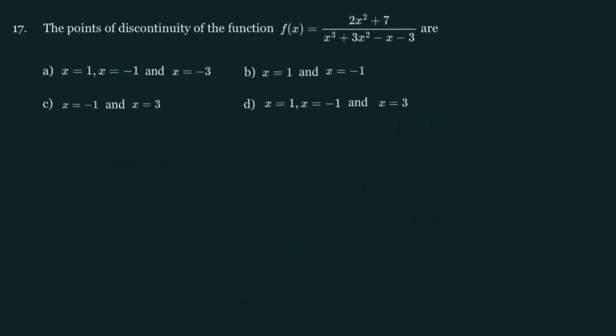Question number 17. The points of discontinuity of the function are, so we have to find the points at which the function is discontinuous. Now this function is a rational function, and here we see that the denominator is a cubic equation. Now it is clear that when the denominator is 0, then the function will be discontinuous.